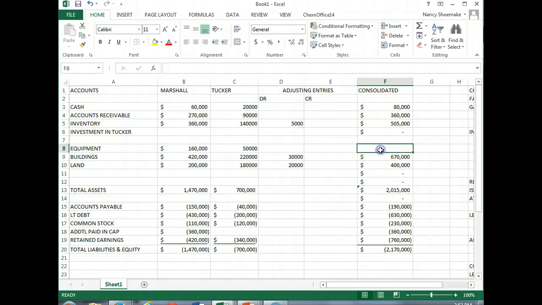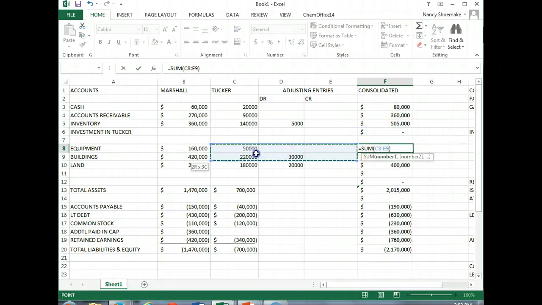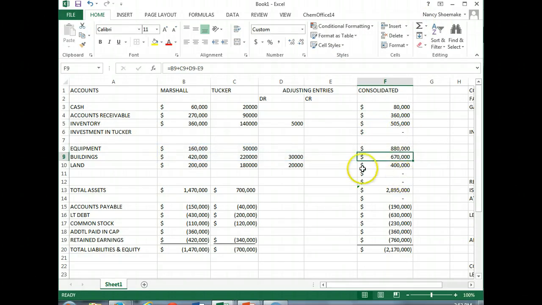The equipment is going to be the summation of the equipment. The buildings will be all added, and so will the land. So we have total assets here of $2,895,000, I believe. Let's make sure my numbers are right.